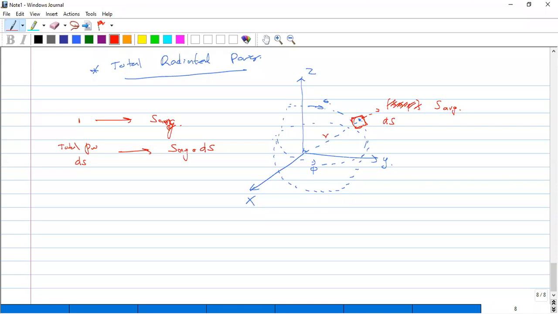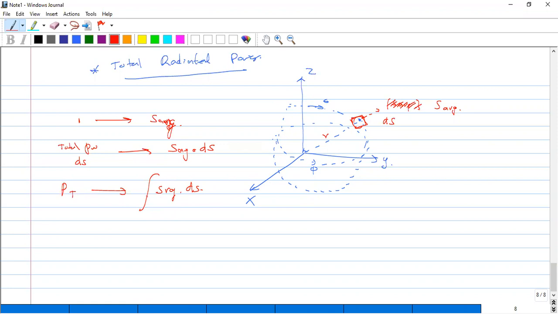Now if you want to find the total power all over this sphere, what you have to do? You have to evaluate S average with respect to ds all over this sphere.